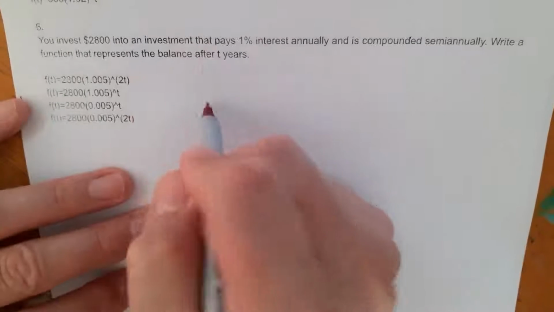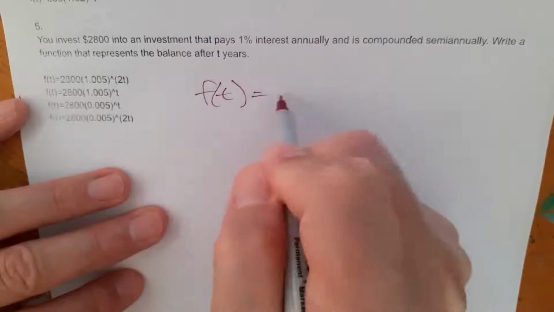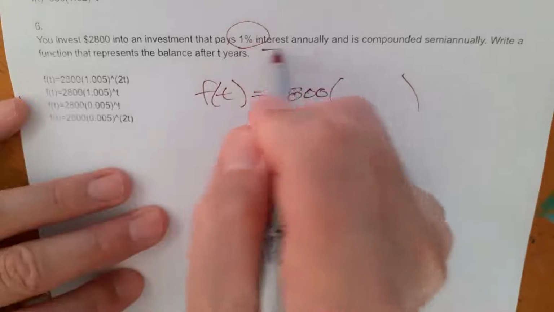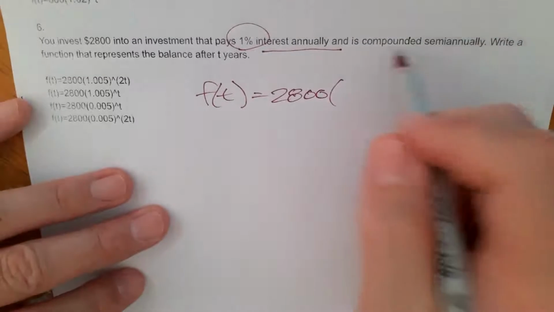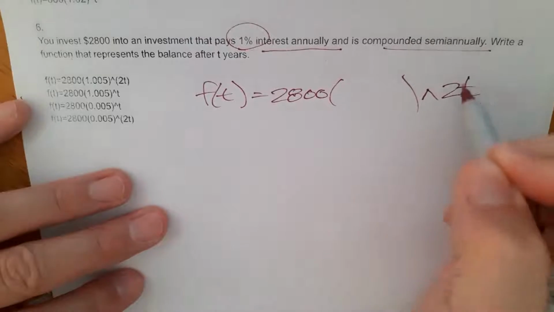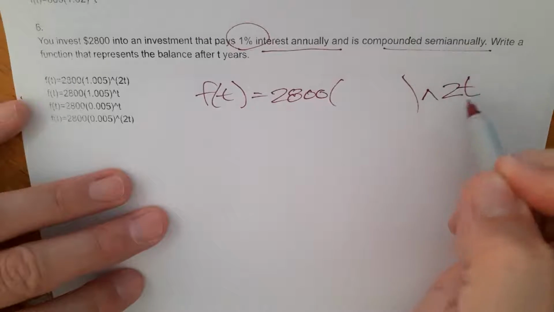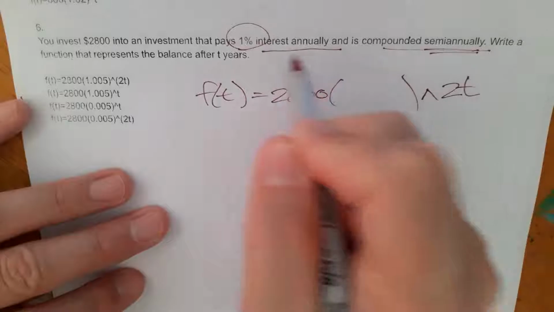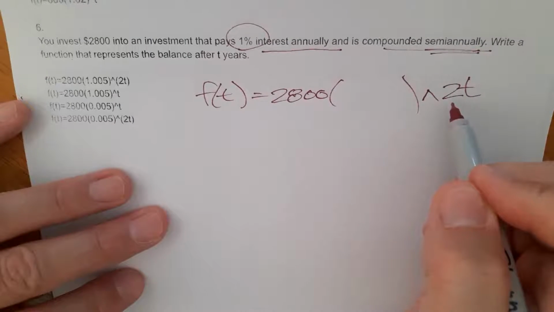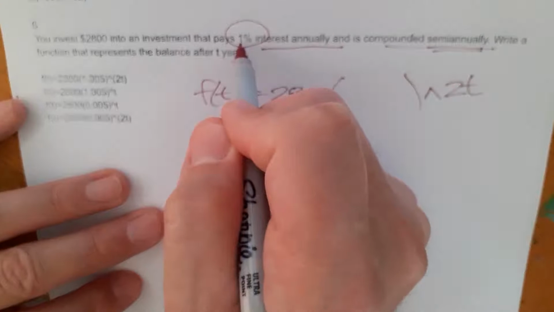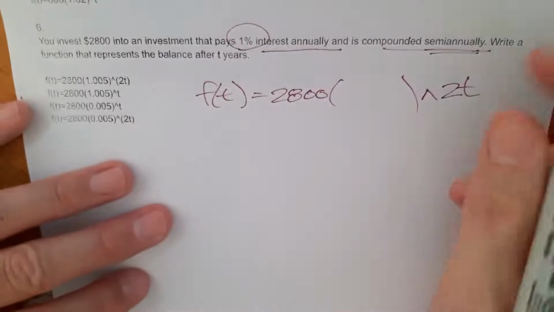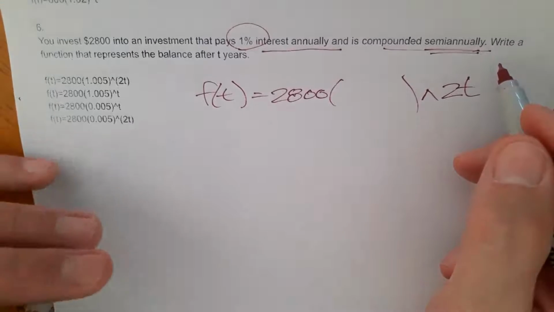All right, you invest $2,800. So f of t equals 2,800 is our starting point. What's the interest rate? It's 1% interest annually, but it's compounded semi-annually. So I know I'm going to have 2 times t here, because there are 2 terms happening in a year. And I'm going to take the interest and go back to the basis of how often it's compounding. I'm going to take 1% and divide it in half, which is 0.5%.